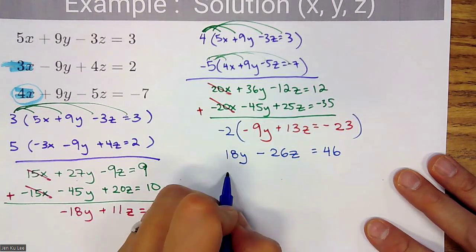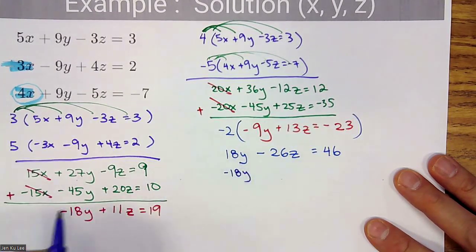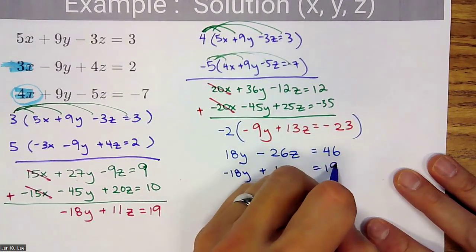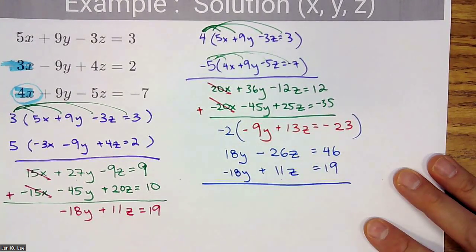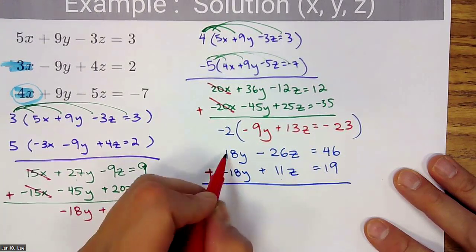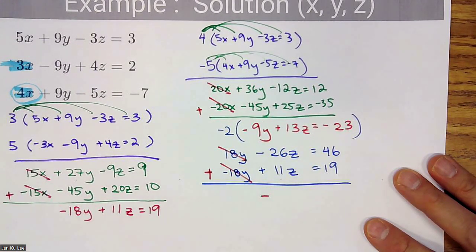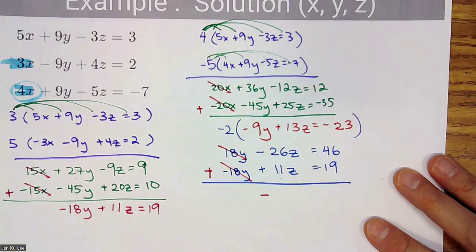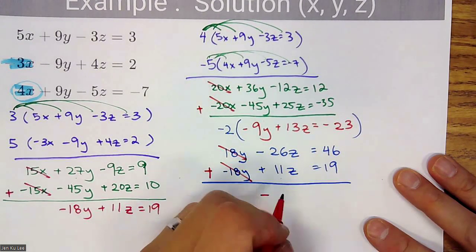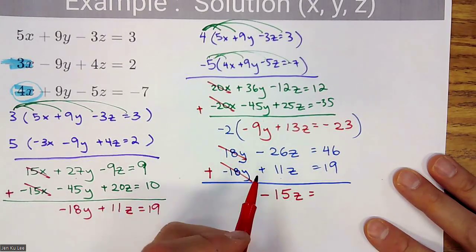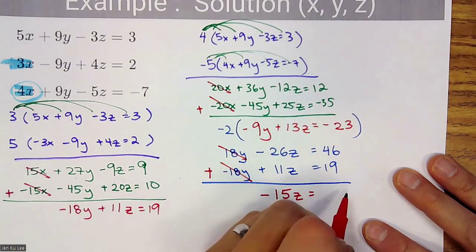And if I add negative 18y plus 11z equals 19, add them up, those two guys cancel. That's negative 15z equals 46 plus 19.